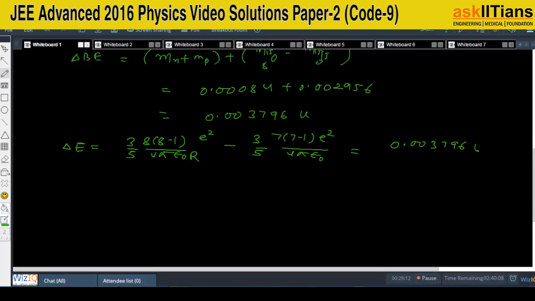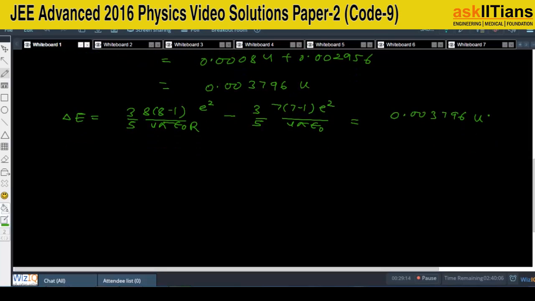0.003796 unit. Solving this relation, finally we get the value of R as 3.42 × 10⁻¹⁵ meter, which is equal to 3.42 femtometer. So we use two concepts in this question.